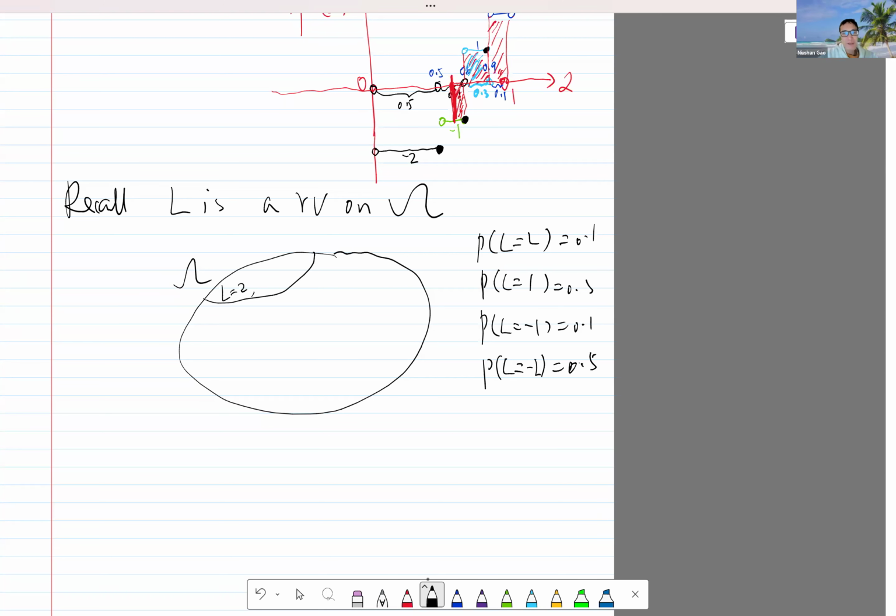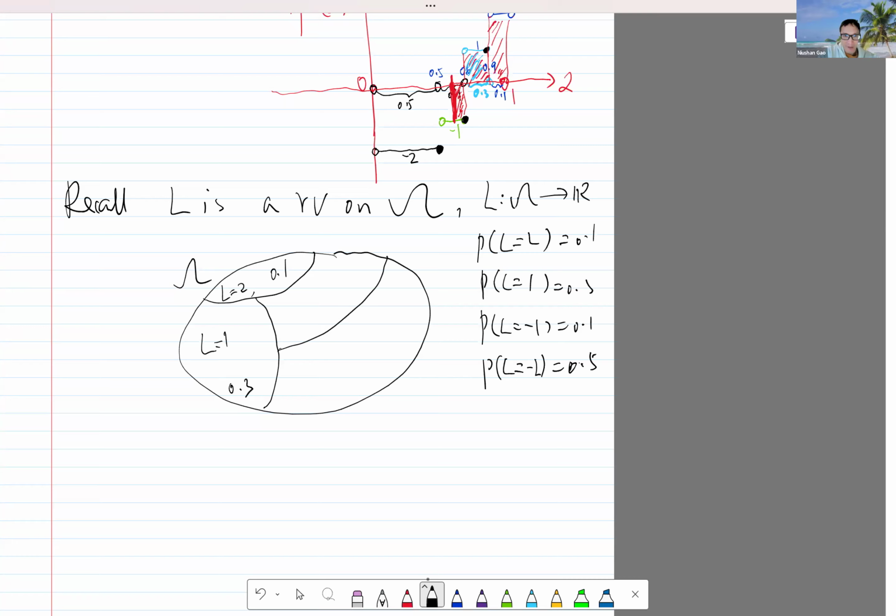Omega is the entire sample space. L is pretty much a function defined on omega, right? On a part of omega with probability 1, your L equals 2. On another part of omega, L equals 1, and the probability of this part is 0.3.